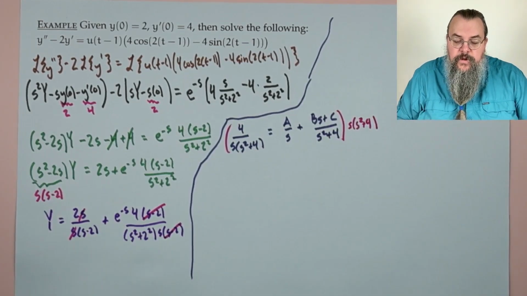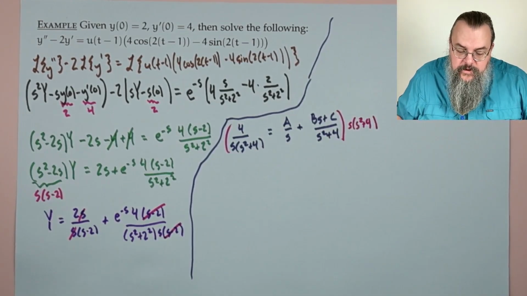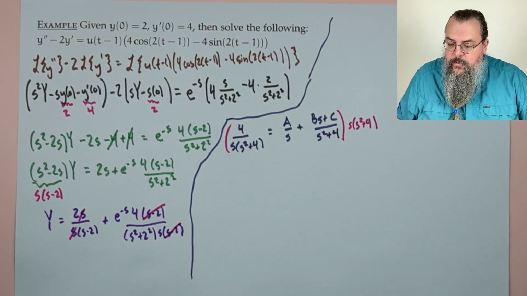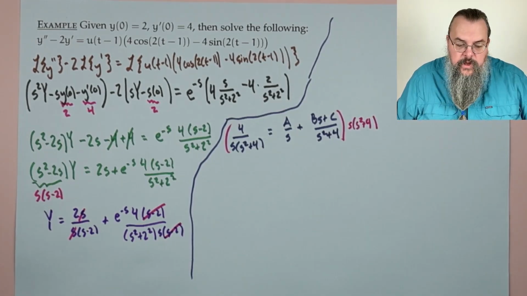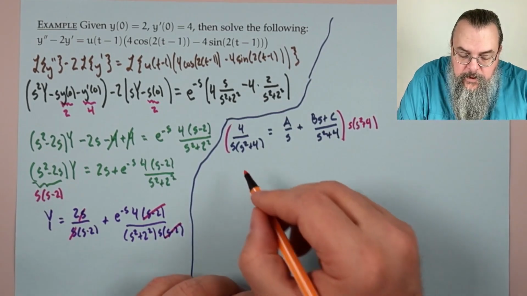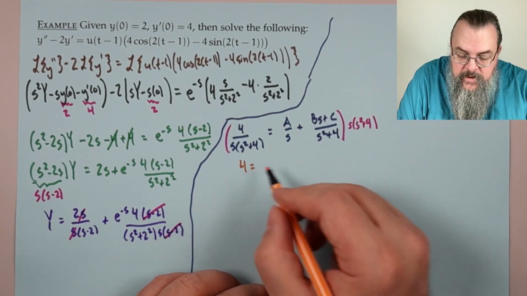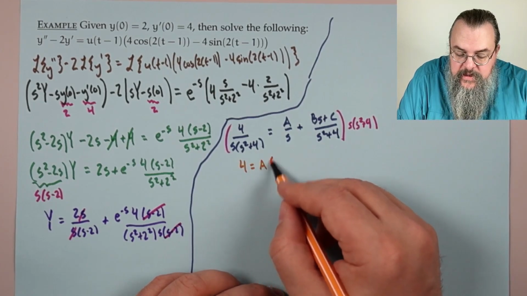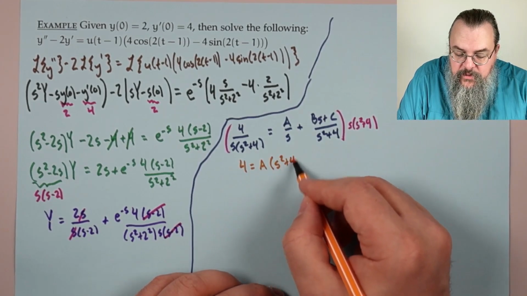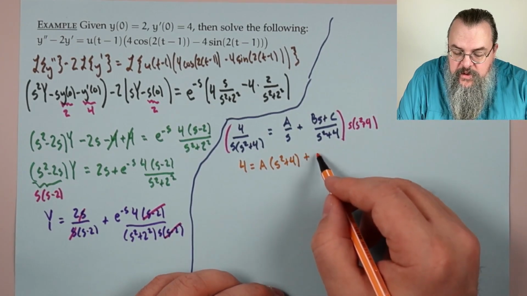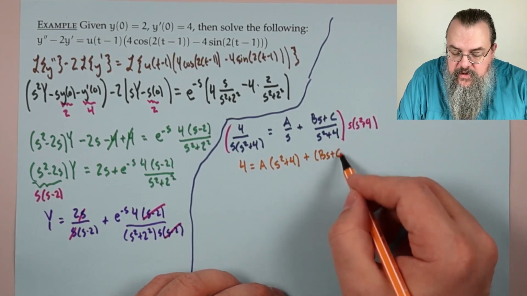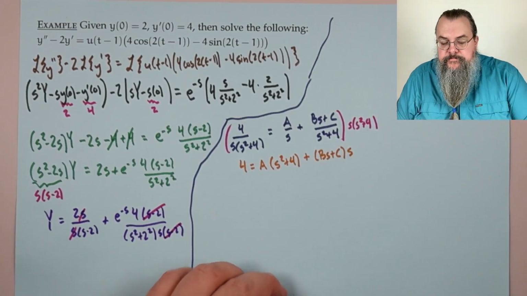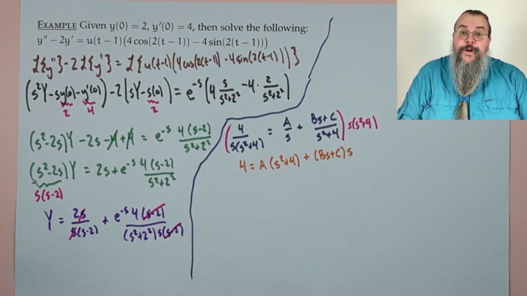Okay, so when we carry that computation out, what are we going to have? Well, we're going to have that 4 is equal to A times s squared plus 4, plus Bs plus C times s.